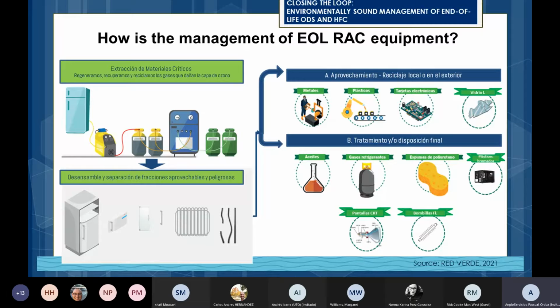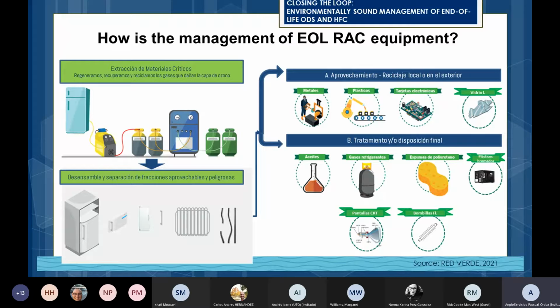How are they managed at the end of the useful life? At the moment, we are supported by this system that applies precisely to the extended producer responsibility. We carry out the extraction of the refrigerant gas.